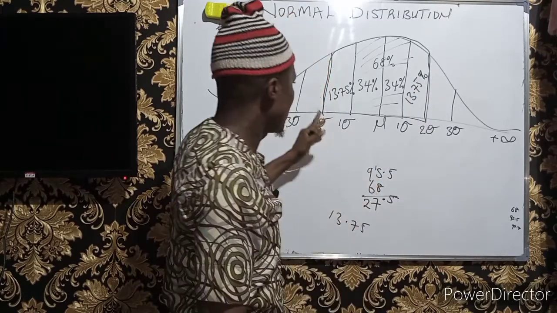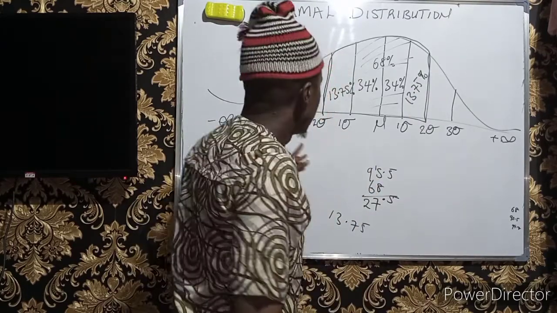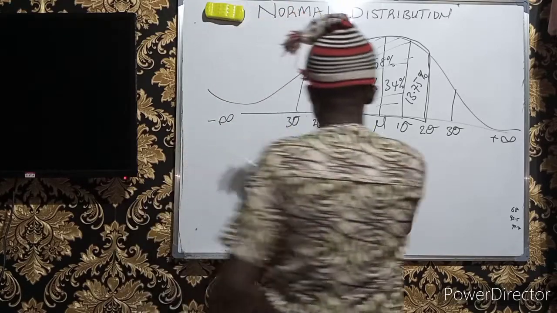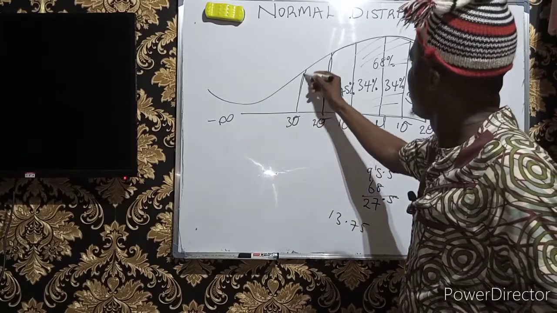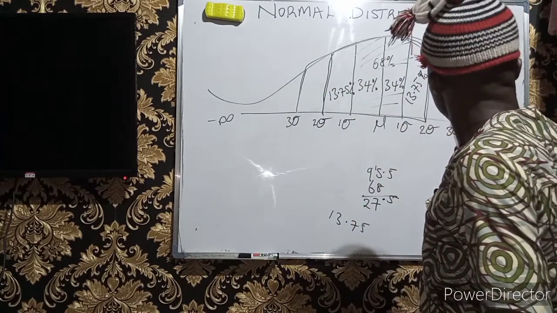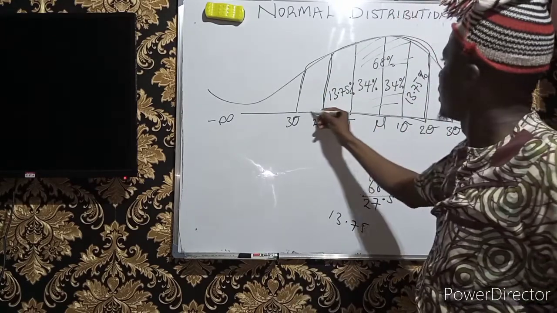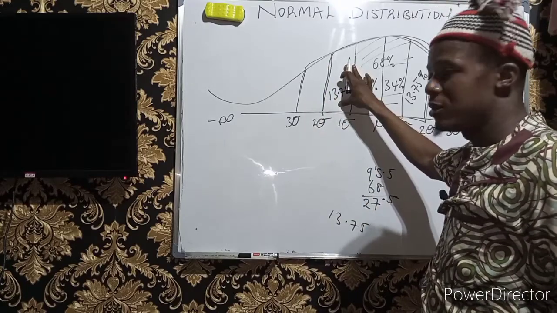Now, if I journey again, going to the third deviation, this time around, I've left the second deviation to the third deviation. You will see that I cover the total area like this, which is more than the second deviation.